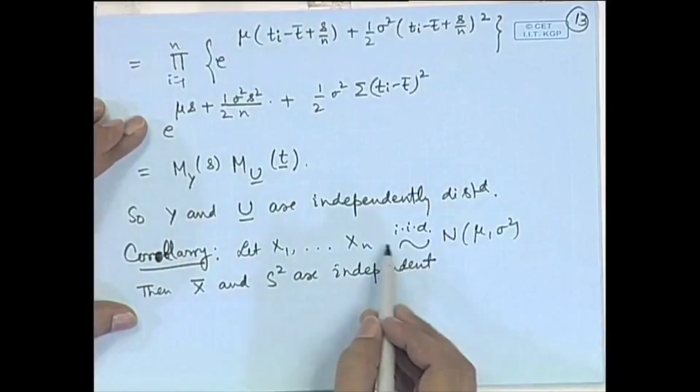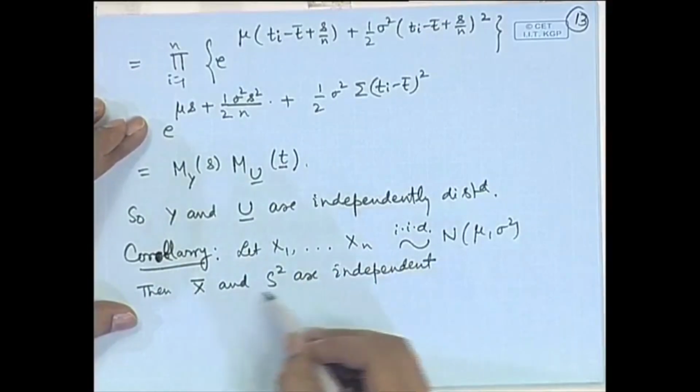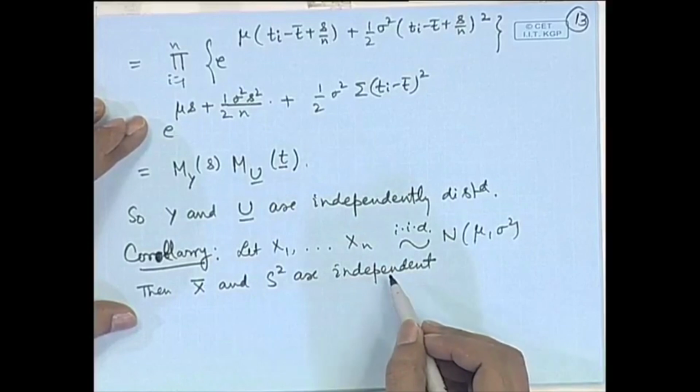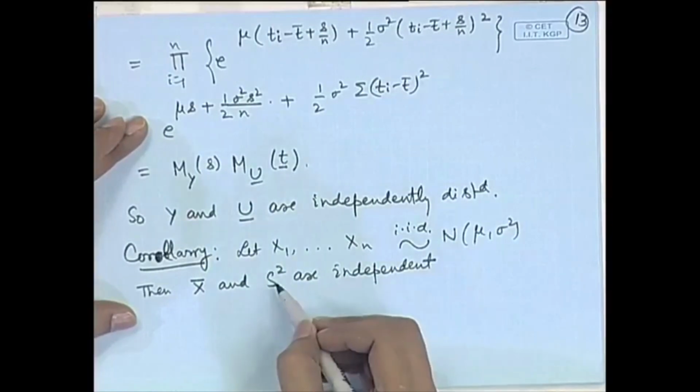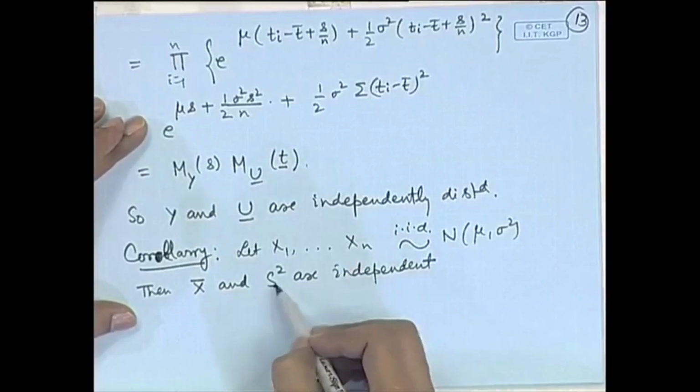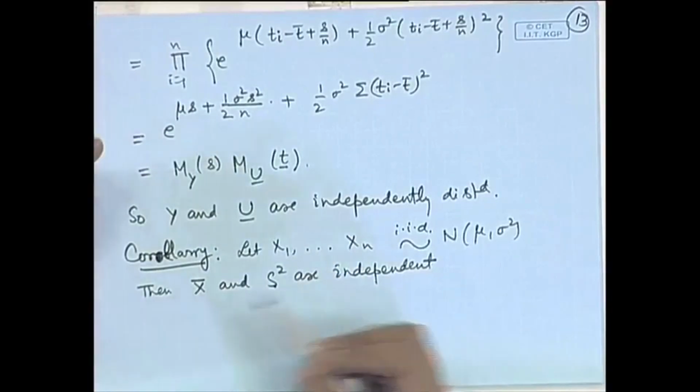That is, in random sampling from a normal distribution, the sample mean and the sample variance are independently distributed. The proof follows immediately if we notice that s square is a function of U. So, since x bar and U are independent, therefore, x bar and s square are independent.